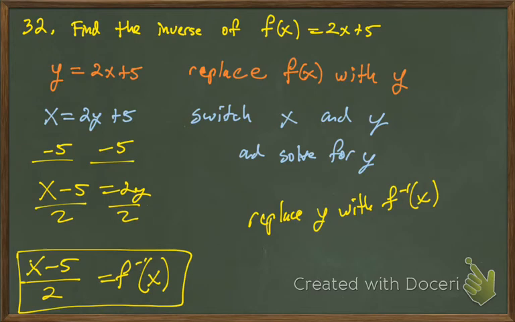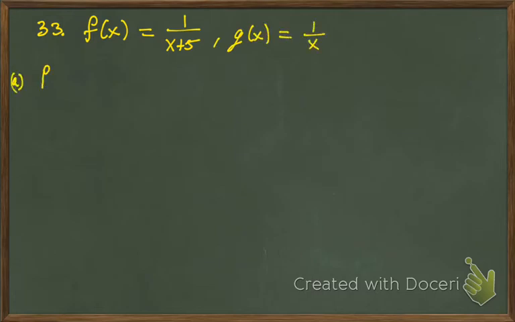Alright, let's see what else we got. So here we're given f of x is equal to 1 over x plus 5, and then g of x is equal to 1 over x. And part A, they would like us to find the composition f composed with g of 1.